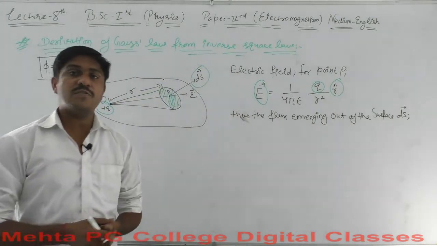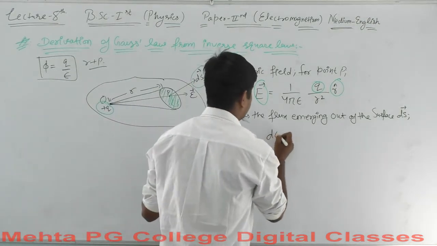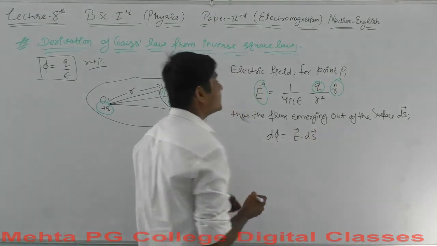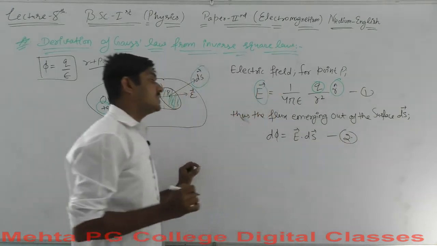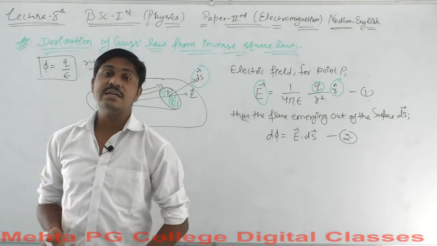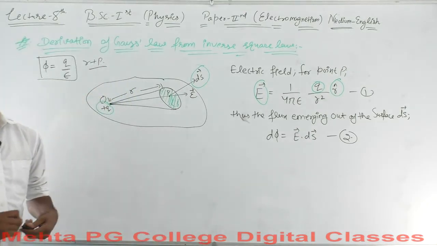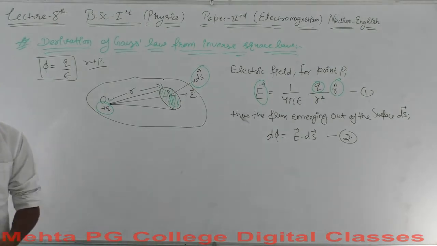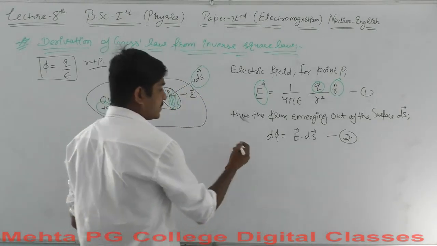The value of flux d phi will be equal to E dot ds. Let's say this is equation 1 and this is equation 2. This is the value of flux emerging out of the surface ds for electric field E, because the vector here is E vector. Again we use the value of d phi for the electric field E, and see what we end up with. Okay, using equation 1.